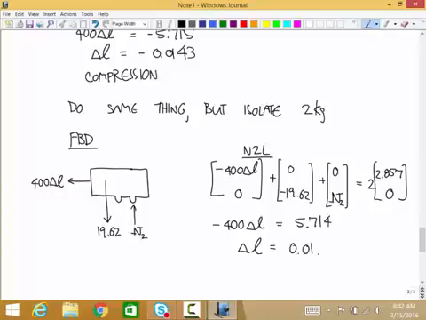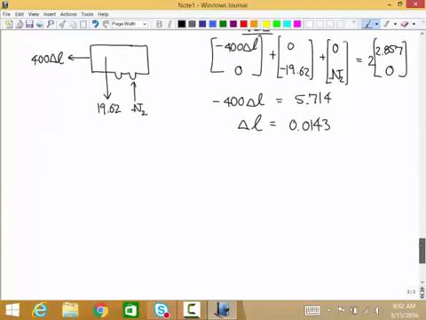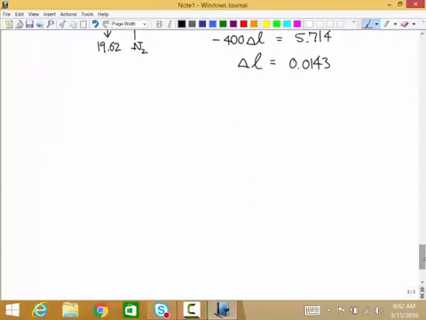Basically the same thing, 1, 4, 3. We're off in that decimal place. Yes, thank you. So that means compression. Okay, here's another one for you to work on.